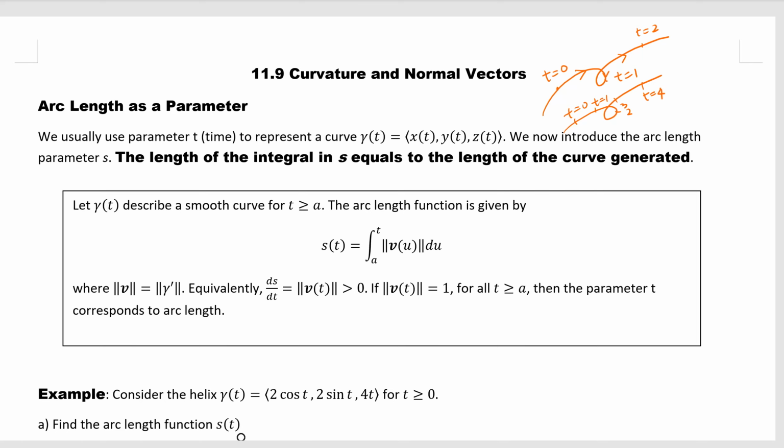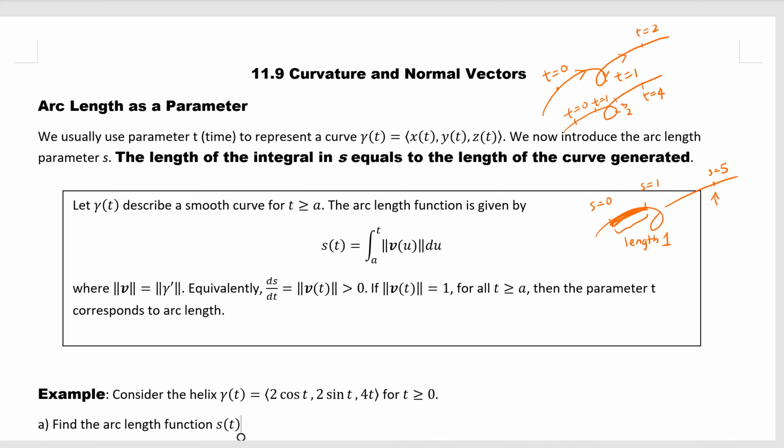And what is special about the arc length parameter? Let's say this is s of 0, and this is s of 1. The fact is the length it travels actually has length 1. So the parameter value equals the length of the curve it generates from the point s equals 0. Let's say here this is s equals 5.